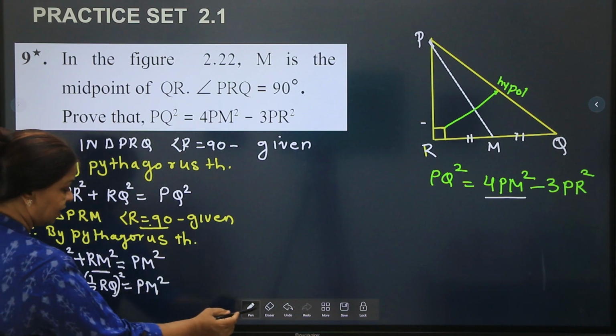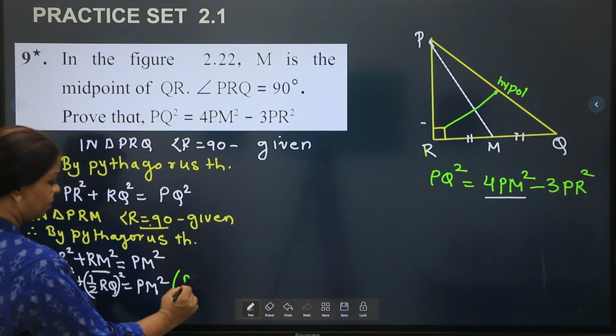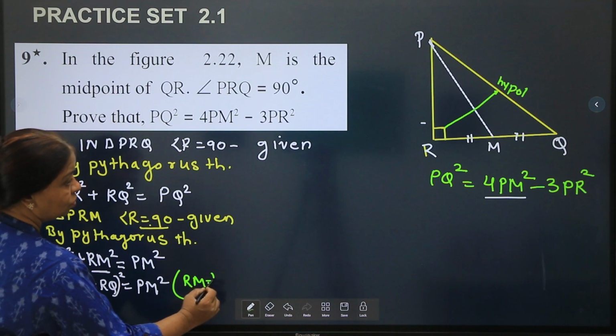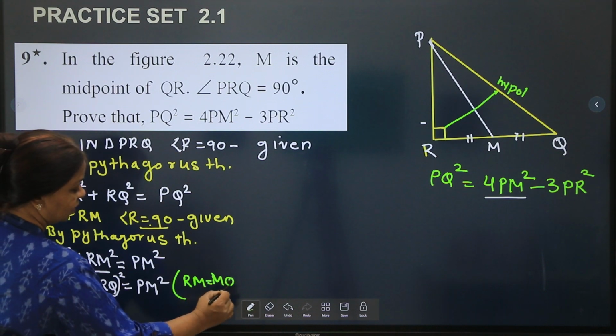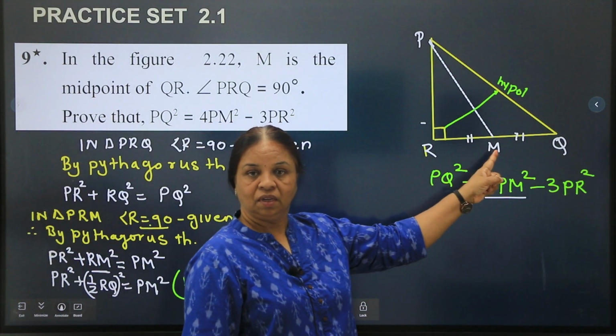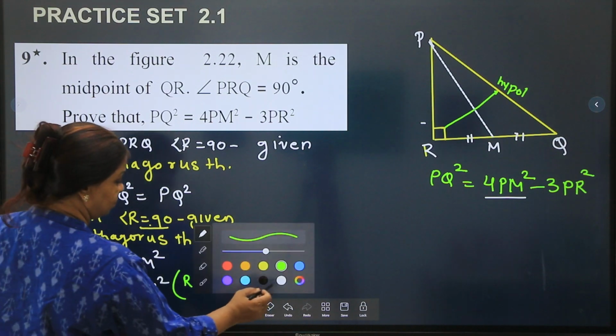And why is it like that? Because RM is equal to MQ, so RM is half of RQ. And why is RM equal to MQ? Because M is the midpoint, given. Clear? So now what do we get from here?